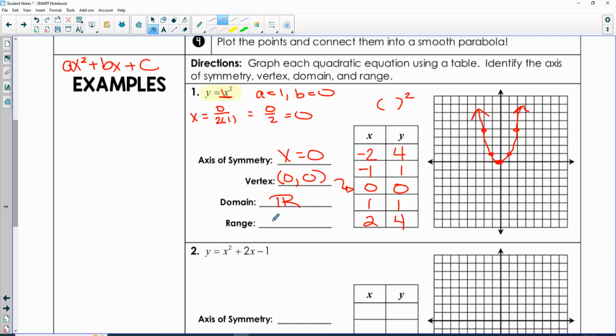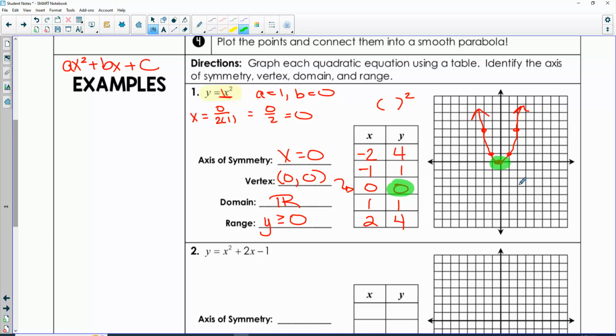Range is talking about my y. The range is going to be pretty similar every time. If I look, my graph started at 0 and then went up. So this one is greater than or equal to 0. The 0 is because that was the y value of my vertex, that was my starting point.